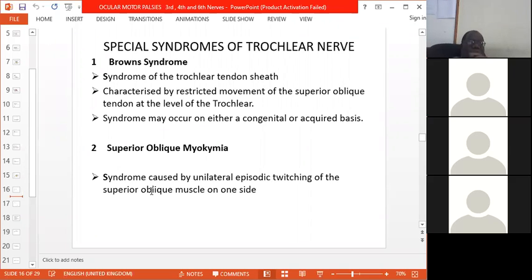Then the next syndrome, superior oblique myokymia. What is myokymia? It is unilateral episodic twitching of the superior oblique muscle on one side. It's trying to act, but it's twitching.